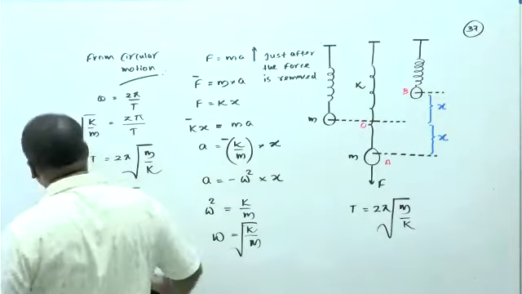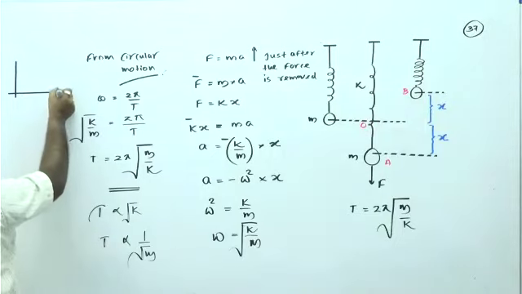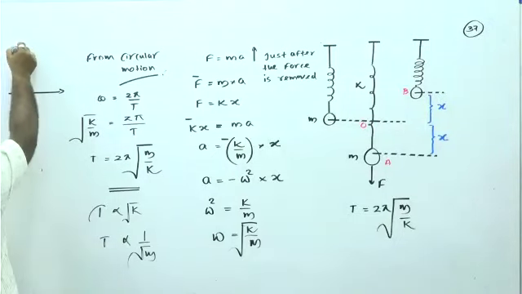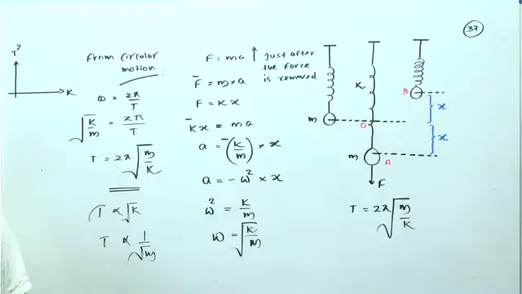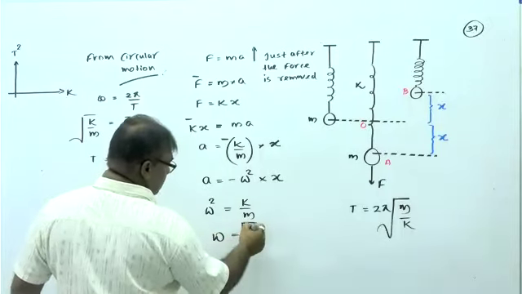Then we can draw the variation of T squared versus m, since T squared is proportional to m over k.